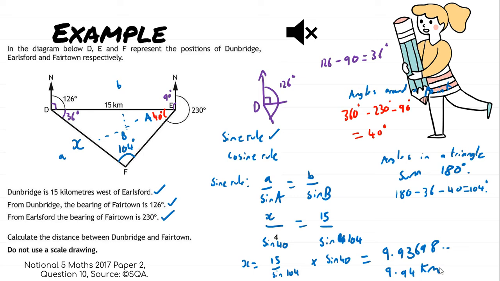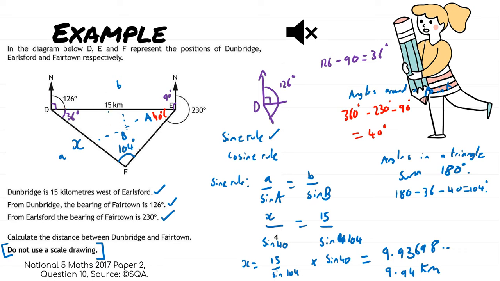Okay. Just before I move on, I'm just going to talk for a second about this final line here that we didn't even look at. It says, do not use a scale drawing. What this means is, if you have a compass, a protractor and a ruler, you could actually just draw this picture. You could do a scale drawing. So, for example, you could draw this being 15 centimeters instead of kilometers, and you could just measure these angles.